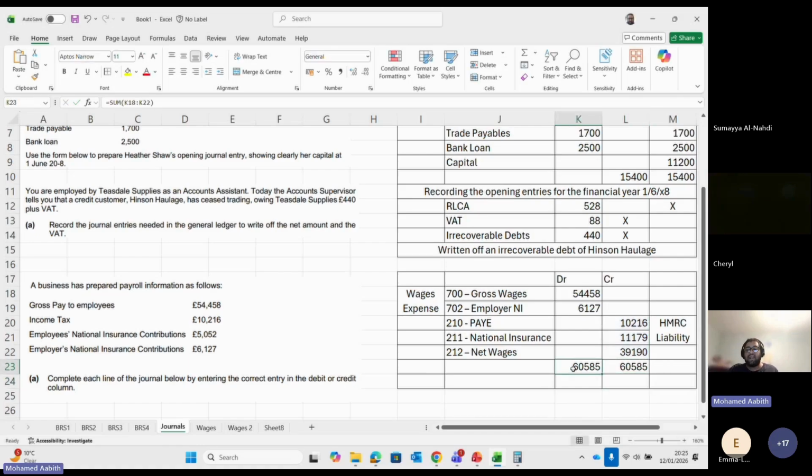So can you notice that if these two are both matching, basically what we have done, we looked into our wages expense, and that wages expense is now distributed: one to HMRC as PAYE income tax, another as national insurance, and another one, this is the money that goes to the employees, and once it is paid, it will go as money out of the bank account, but at the moment, it is just a liability in the books until we pay your employees. Okay, so this one is the final question for today.